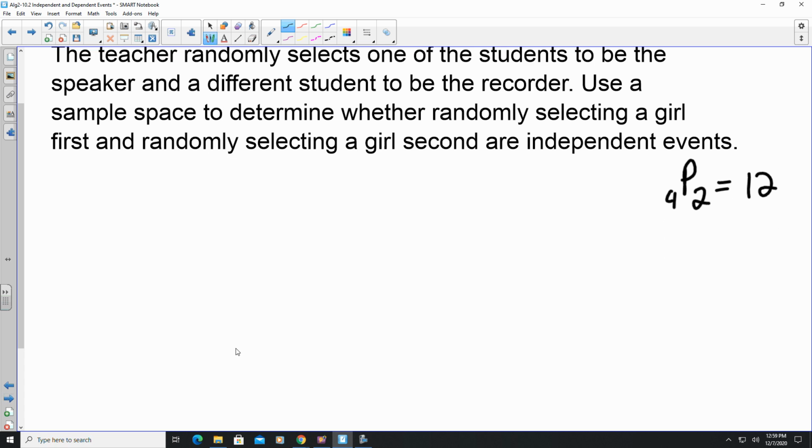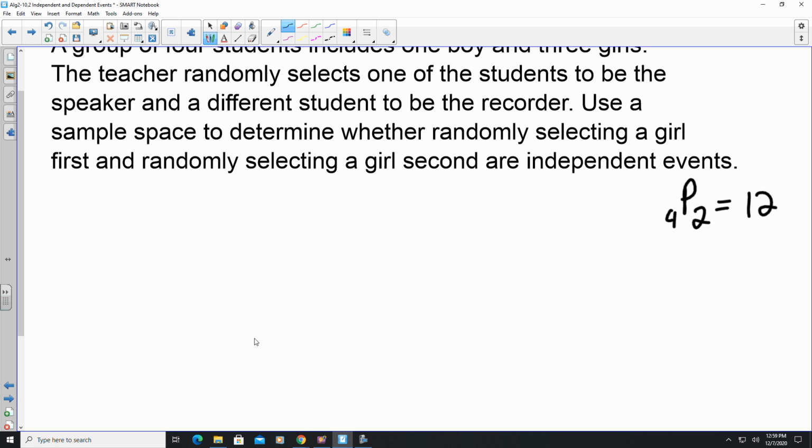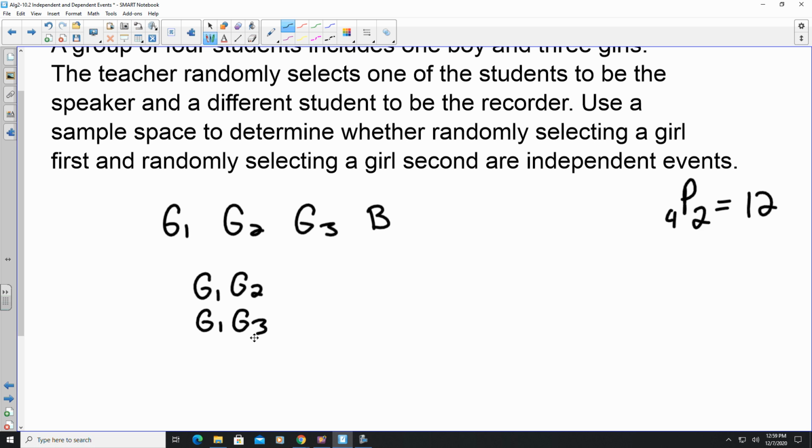of the potential outcomes. Since there are 3 girls, just say girl 1, girl 2, girl 3, and then you have the boy in the group. First off, you could say that girl 1 and girl 2 get chosen. You could also say that girl 1 and girl 3 get chosen.